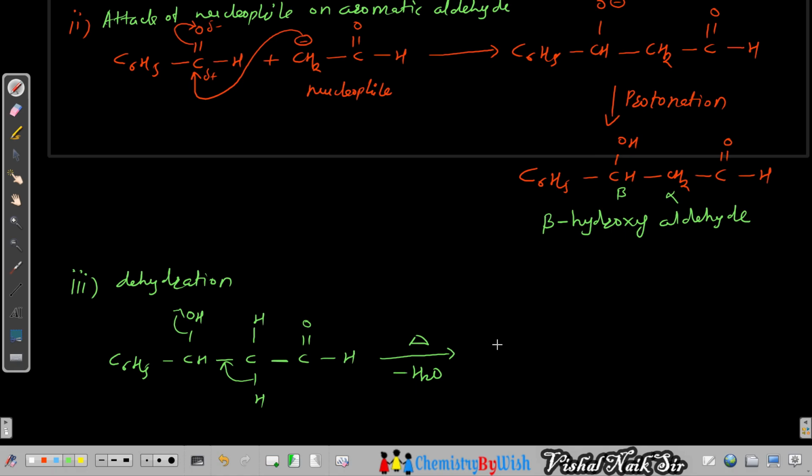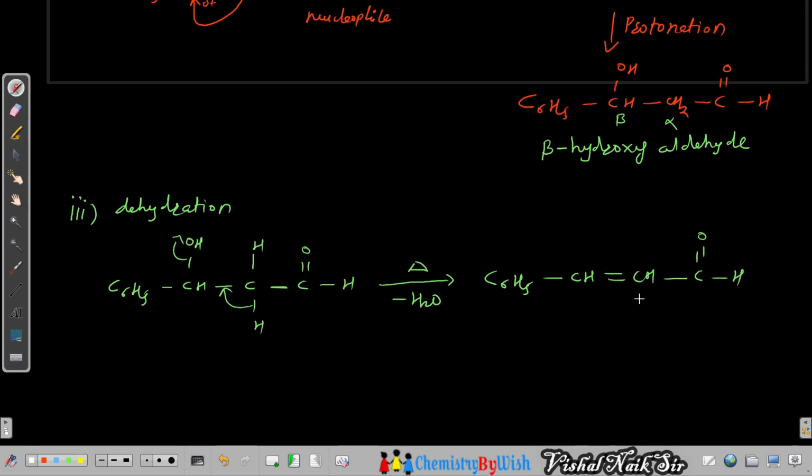We get a product C6H5 CH double bond CH, then C double bond O and H. This product has a double bond at alpha beta, so it is called an alpha beta unsaturated aldehyde.